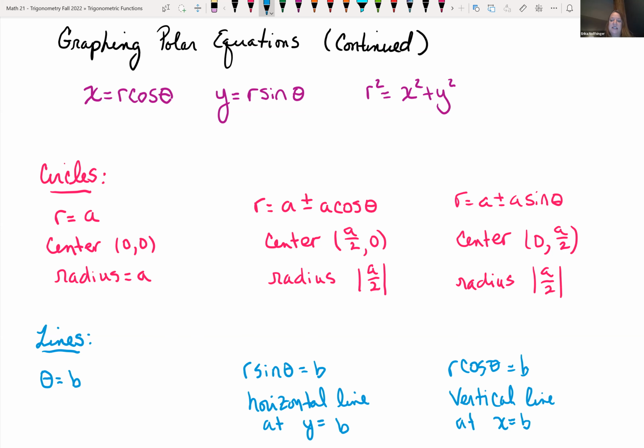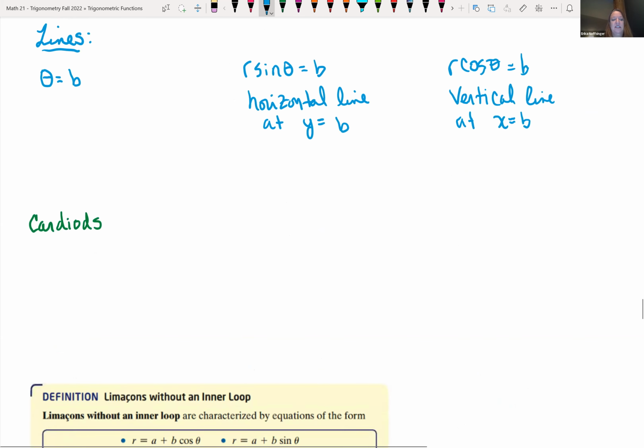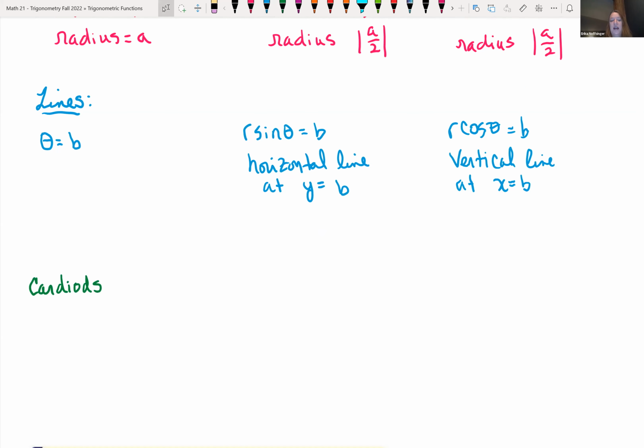And then lastly, we looked at graphing cardioids. Cardioids gave us kind of a heart-shaped graph. If we had a cardioid, those were in the form of r is equal to a plus or minus a cosine theta, or r is equal to a plus or minus a sine theta.